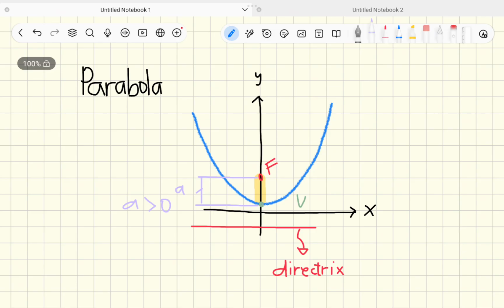So the distance from the focus to the vertex is a units, or that is your parameter, as well as the distance from the vertex to the directrix. So the distance from the vertex to your directrix is also a units.